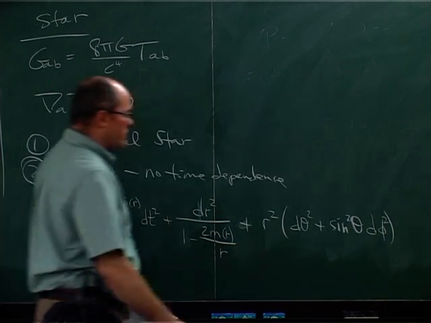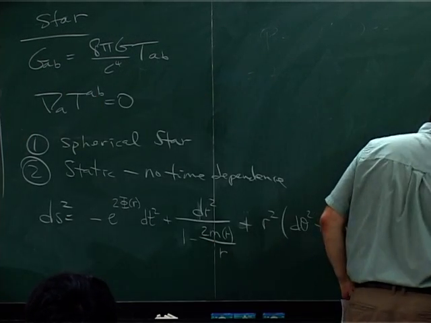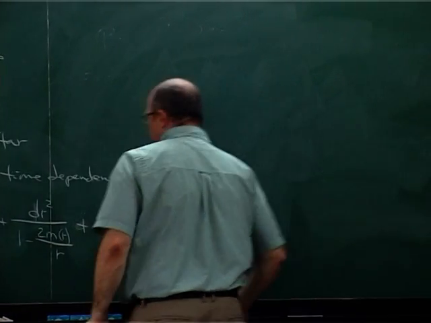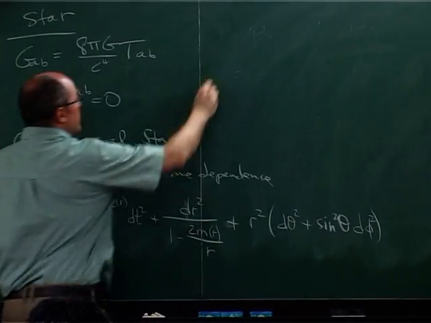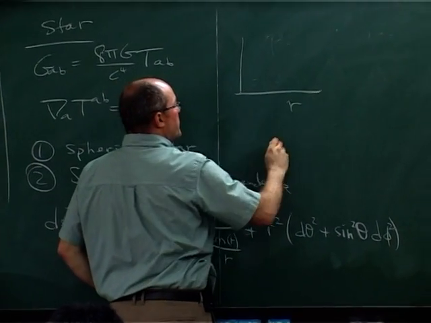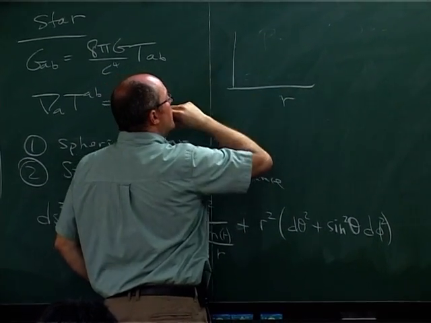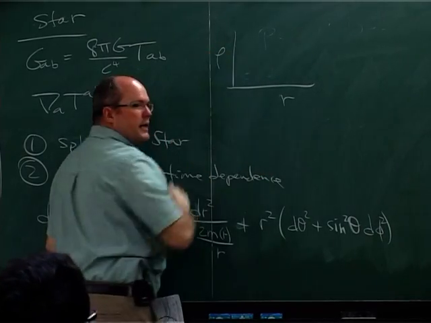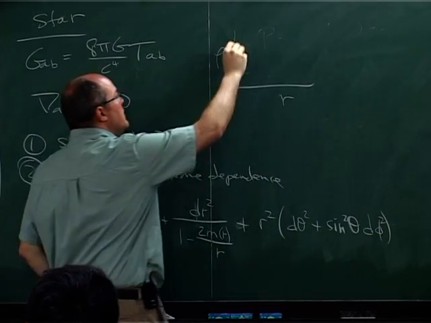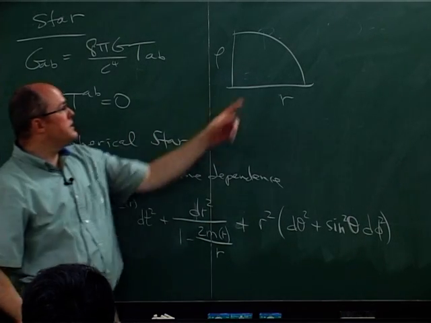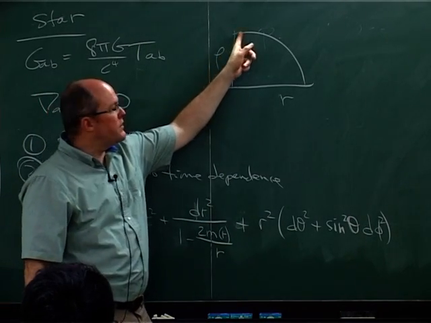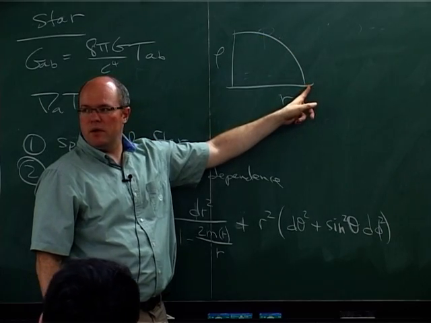The final thing I'm going to demand for the star is, of course, from relativity: if I plot the density of the star against r, I'm going to get some profile like that, right? I'm going to have a density that's large in the center, and as I integrate out, it's going to go down to 0.